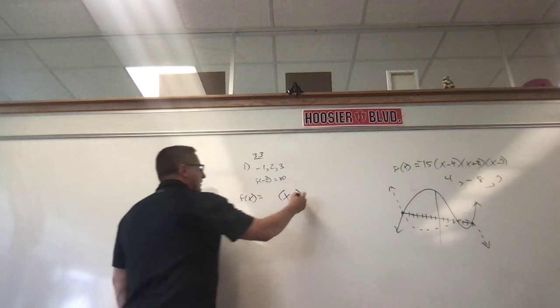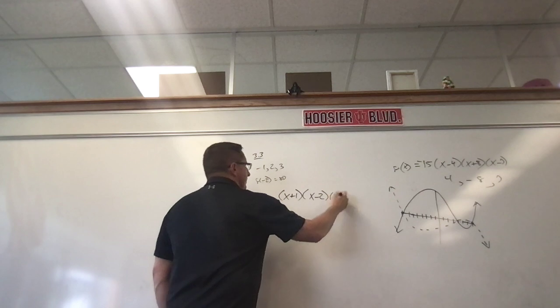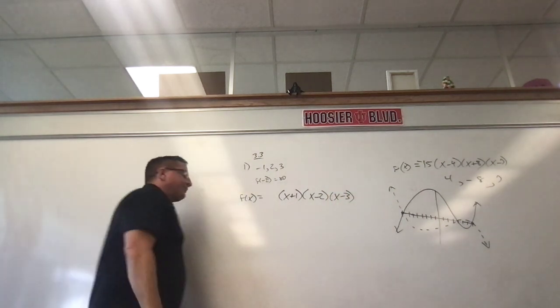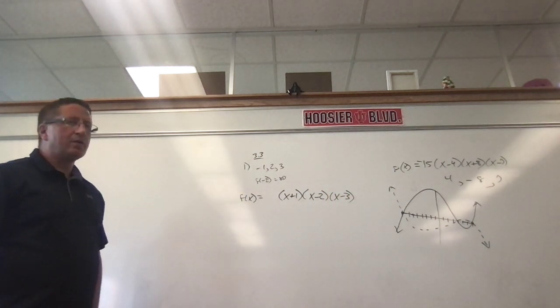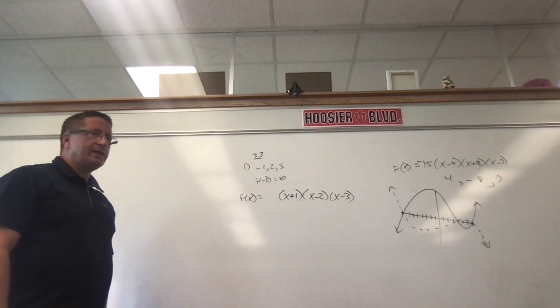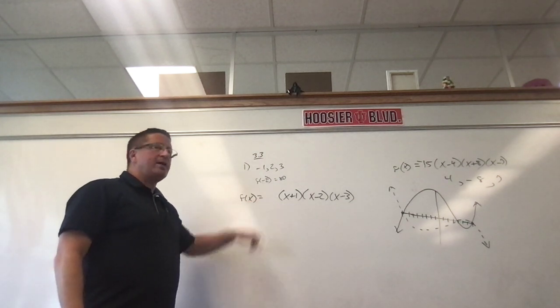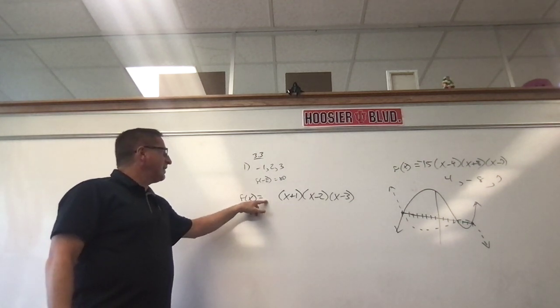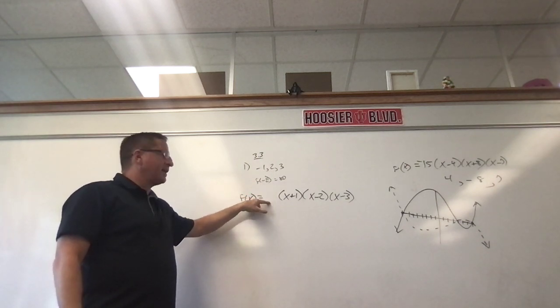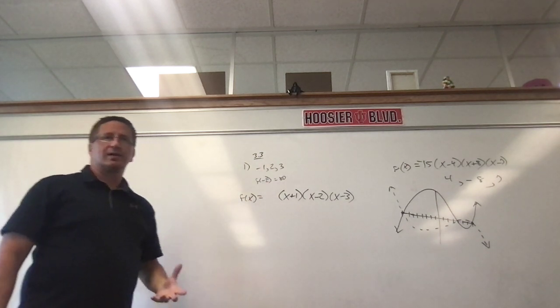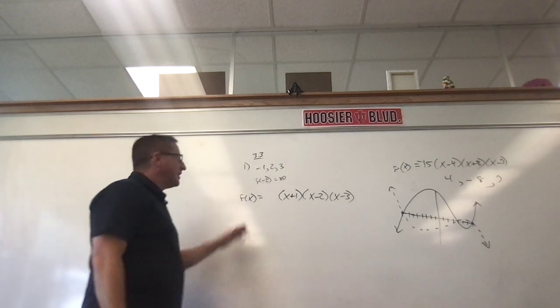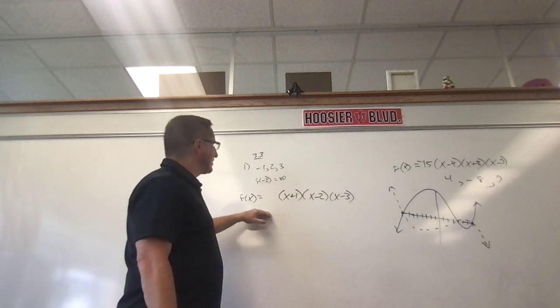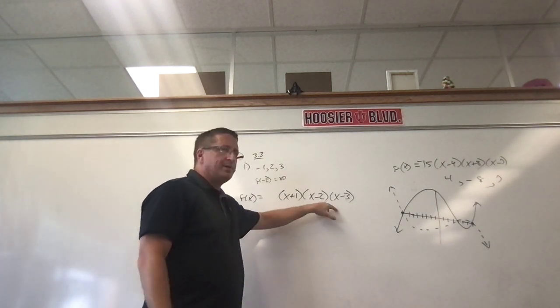Next one is x minus 2, x minus 3. Now, they give you more information, okay? There's a number sitting out front here. If I make it a 7, we still have those same zeros. If this is a -4, these are still the same zeros, okay?